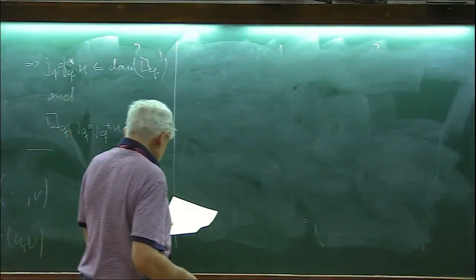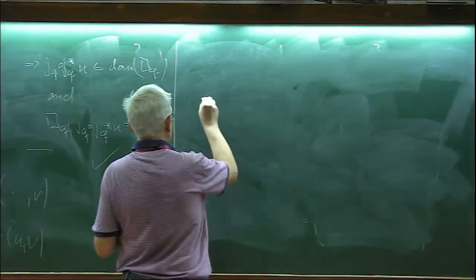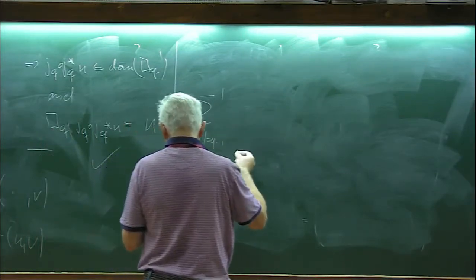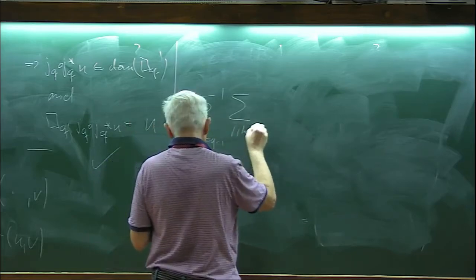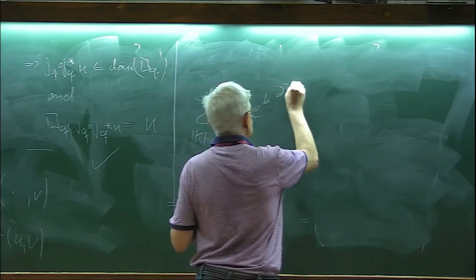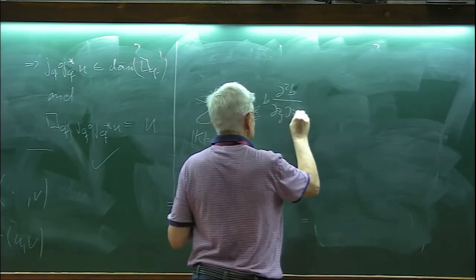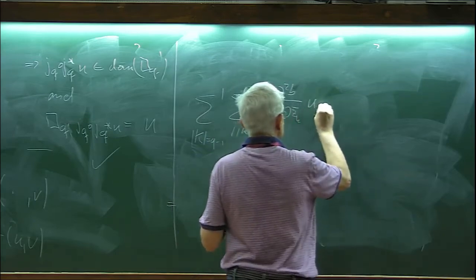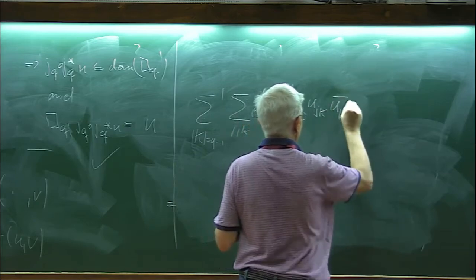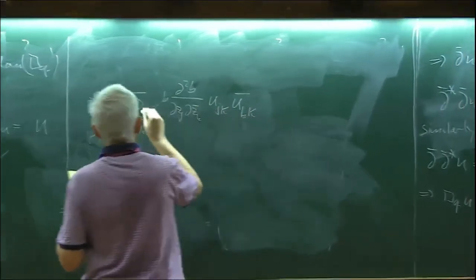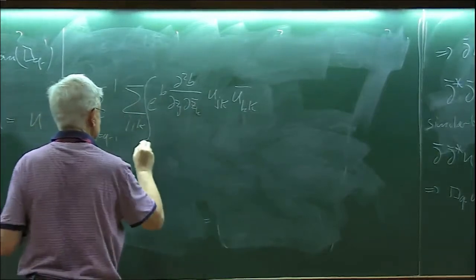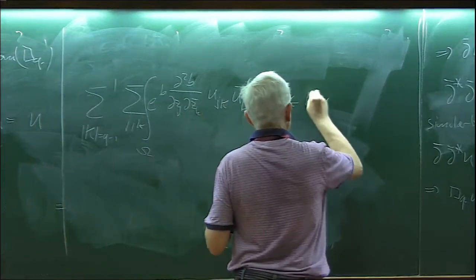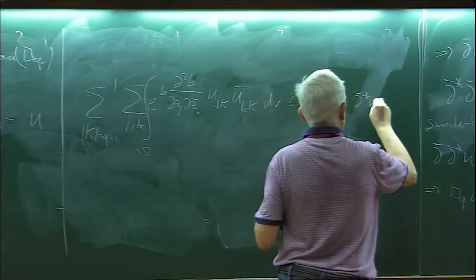That came from an estimate that looked like this: the sum over prime, k equals q minus 1, sum over j, k, of the integral of e to the b, d square b, dcj, dck bar, ujk, ukk bar, was less than or equal to d bar u squared plus d bar star u squared.